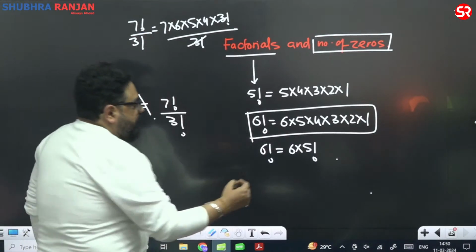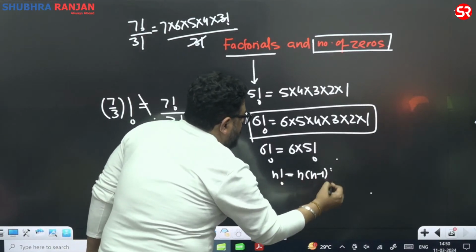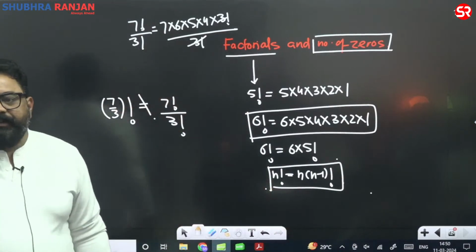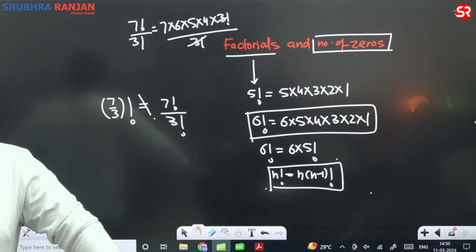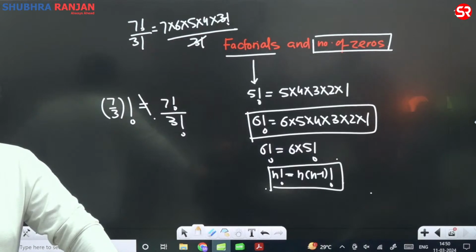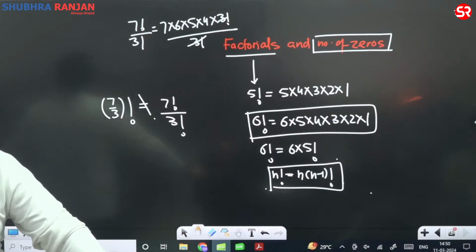So which means I can write n factorial is equal to n into n minus 1 factorial. Agreed? So that is how we solve factorial.